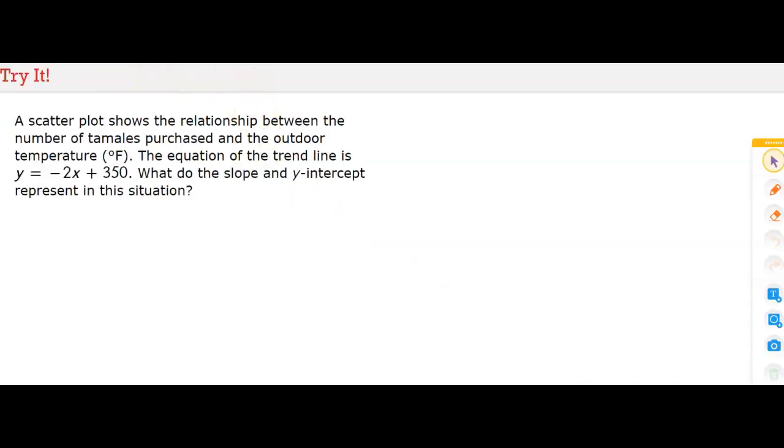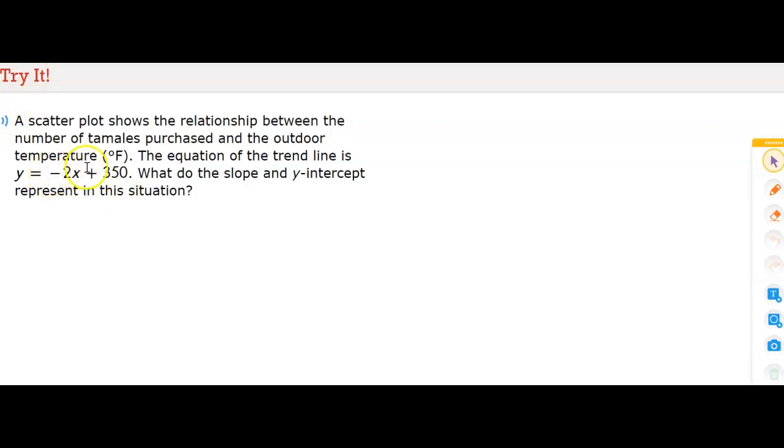A scatter plot shows the relationship between the number of tamales purchased and the outdoor temperature in degrees Fahrenheit. The equation of the trend line is y equals -2 times x plus 350. What do the slope and y-intercept represent in this situation?